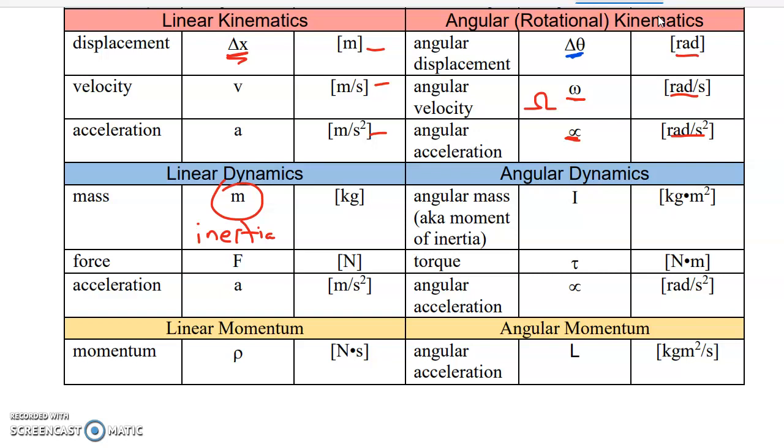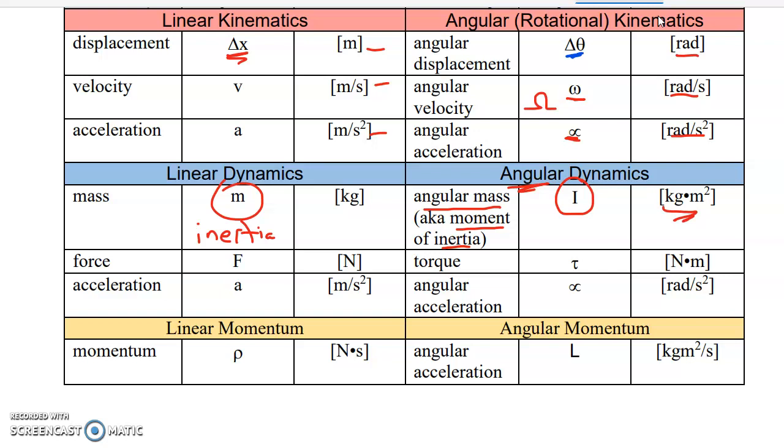Well, in angular dynamics, the equivalent is the moment of inertia. I sometimes call it an angular mass, although it really is more correctly called the moment of inertia. This does have some strange units, but nonetheless, those are its units.